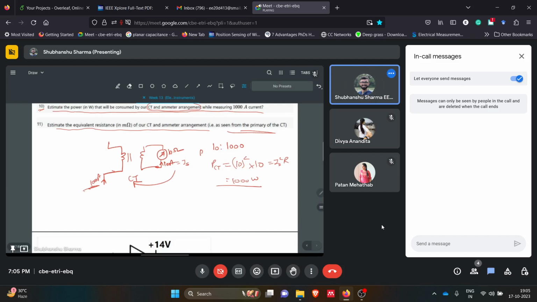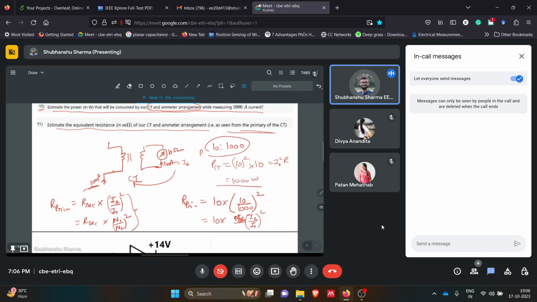So it will be equal to the 10 ohm resistance times the turns ratio 10 by 1000, squared. So R primary equals R secondary into I2 full scale current divided by I1, squared, or R secondary into N1 by N2, squared.